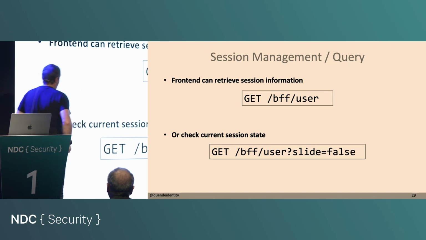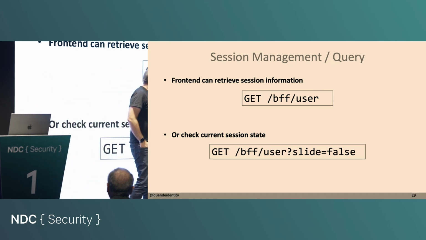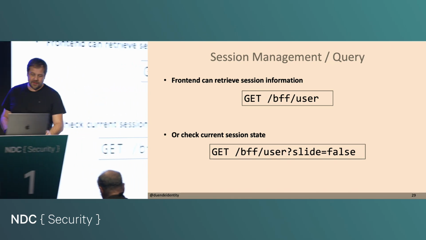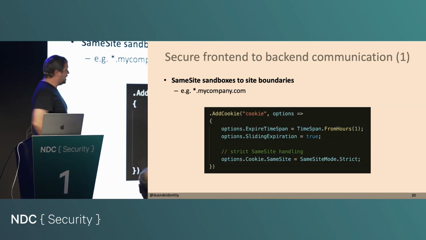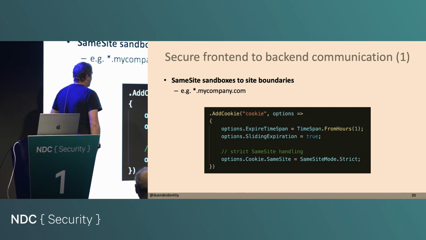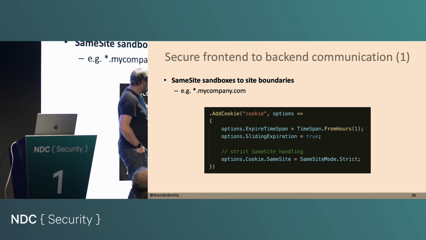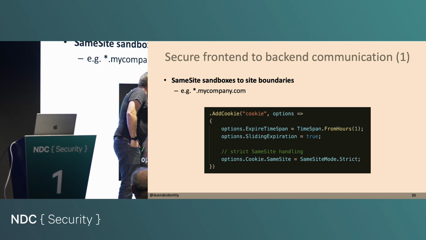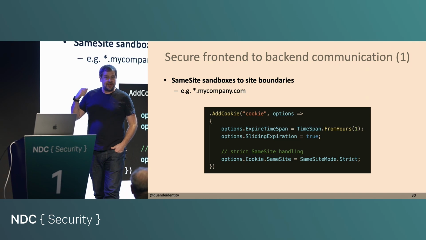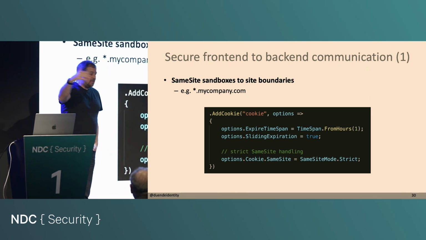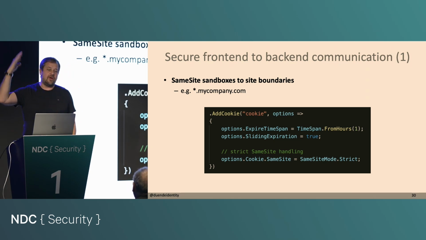Good news, starting with .NET 6, you have a way to stop sliding expiration on a per request basis, which is quite nice. Okay? And then you plug in the cookie handler from Microsoft. Yeah? You set your expiration, your sliding or not. You set your same site. By the way, using this approach, you can use strict same site mode, which is quite nice because you're not handling a post back from the server anymore.